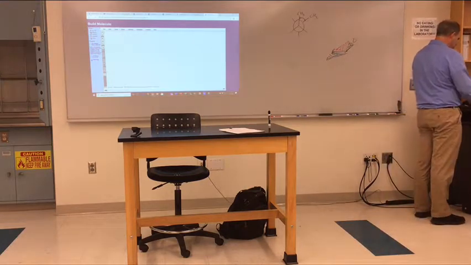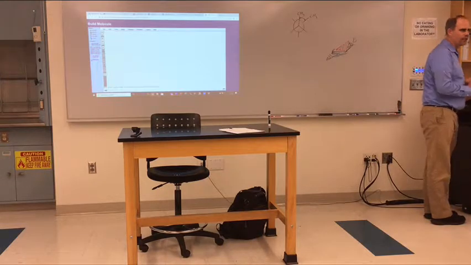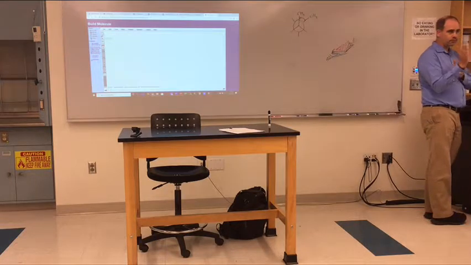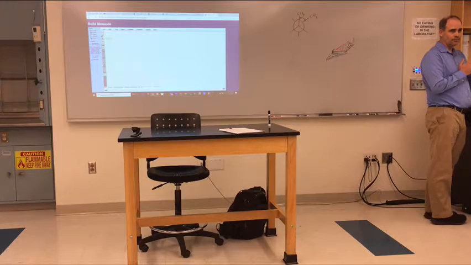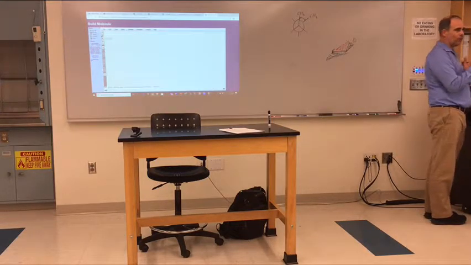Okay, so let's do the tetrahedrane. I think that's one of them. So, tell me what I need to do. Just drop 4 bonds. How do I do that? Walk me through it.